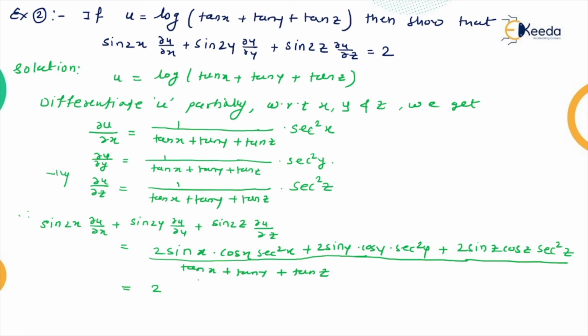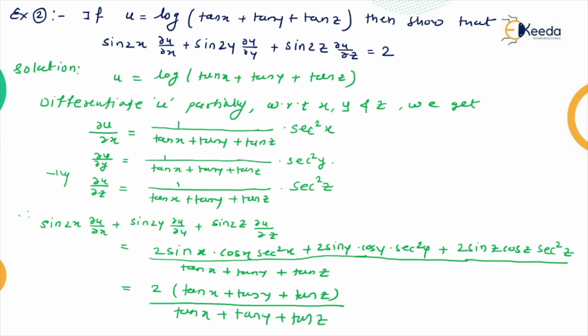After the simplification you will clearly get tan x plus tan y plus tan z divided by tan x plus tan y plus tan z.